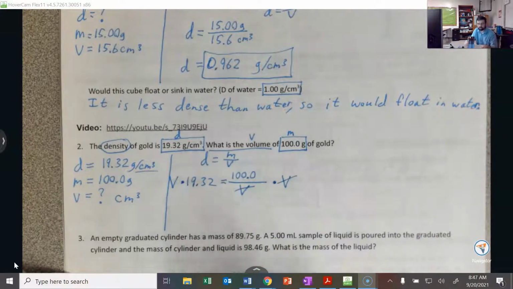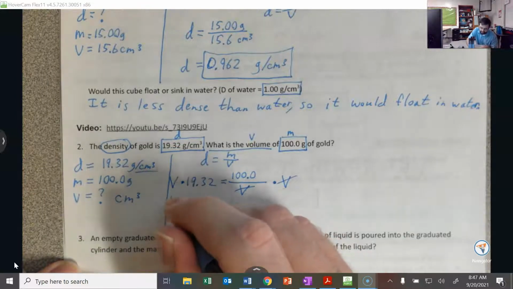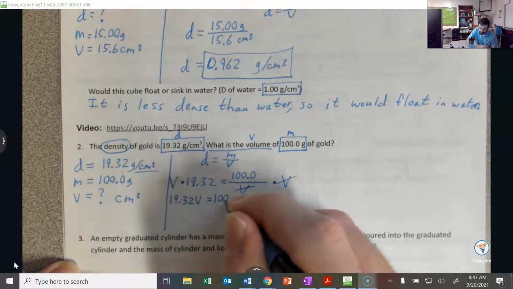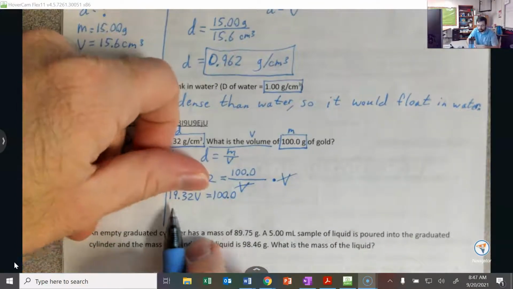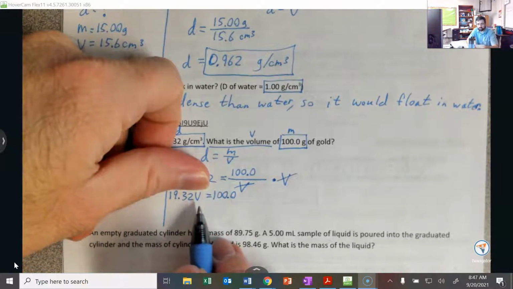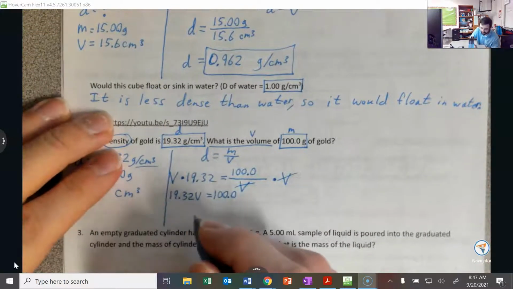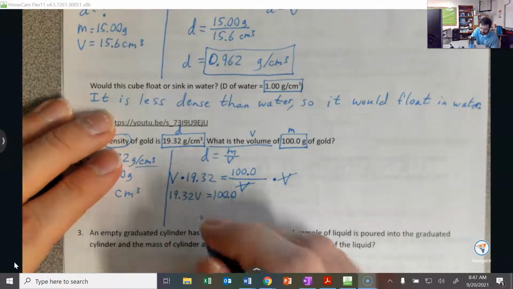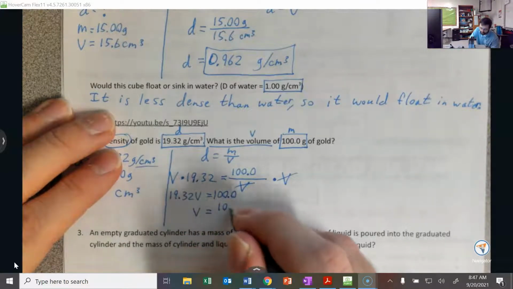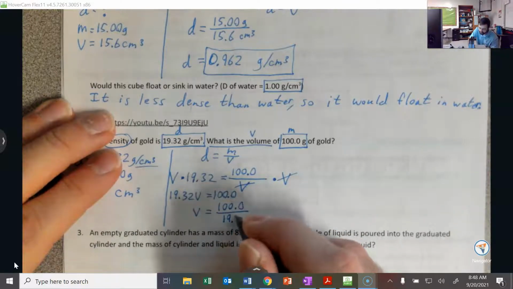So I'm multiplying by V on both sides, and I hope you see that that cancels out the V on the right side, and I end up with 19.32V equals 100.0. Now I'm multiplying by V. If I want to get V by itself, I would have to do the opposite of multiplication, which is division. I'm going to divide both sides by 19.32. So I end up with V equals 100.0 divided by 19.32.